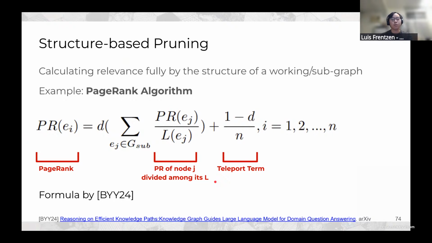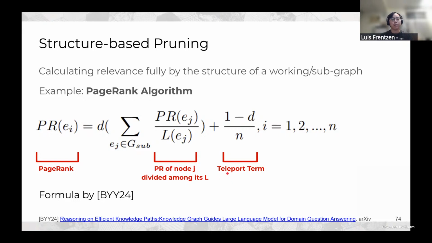You try to visit every node, and based on how often you visit a node, if a node is often visited, then that node is more important than the others. It depends on how many times you visit it during random walks, so the number of edges you have and the structure of your neighboring nodes affect how important that node is.